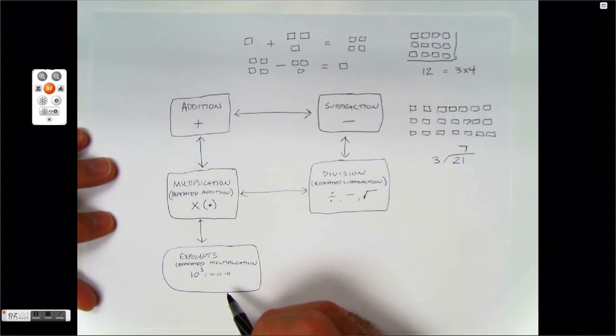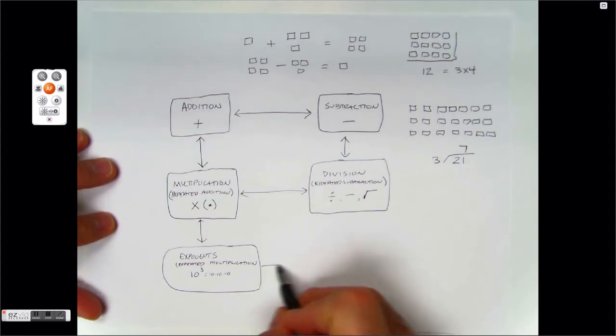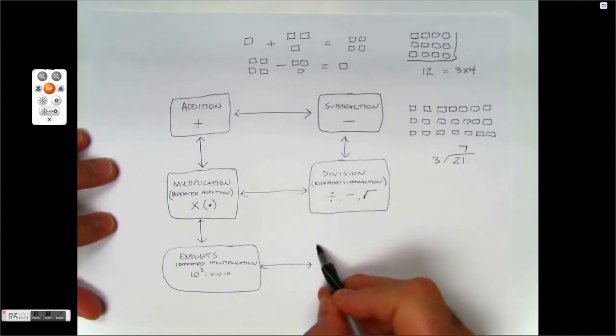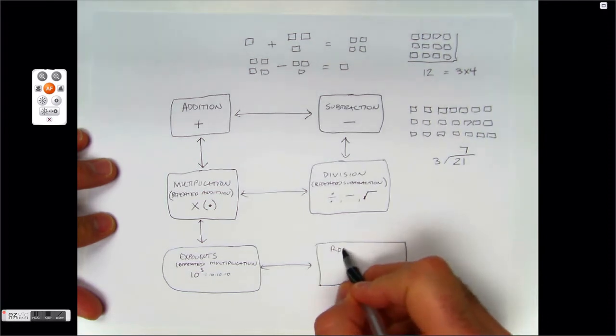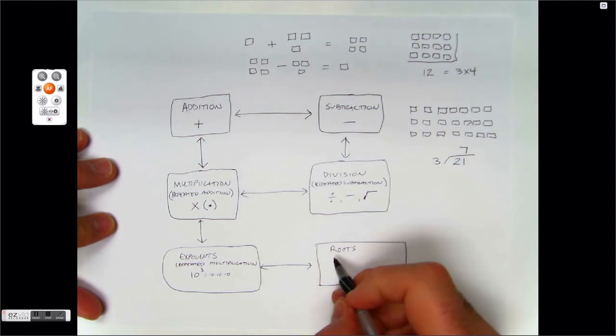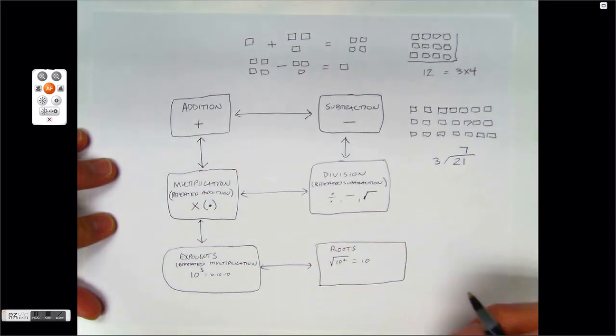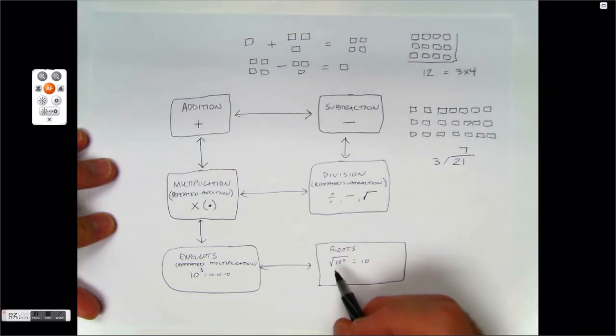If we can put things together in larger quantities and make that more efficient, then we should be able to take them apart as well. And this is roots. If we took the square root of 10 to the 2nd, we would get 10. So this allows us to break things down more efficiently.